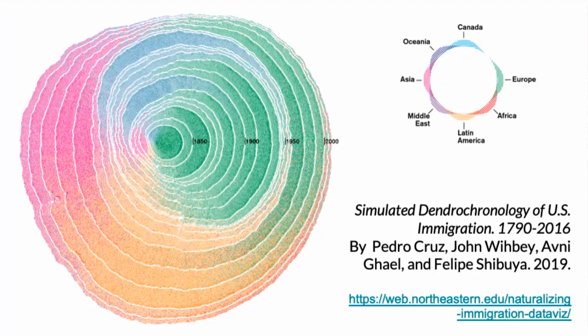So if you wanted something that was really legible for being able to make comparisons between years, you would probably use a bar chart. But I think this is really going for something very different.